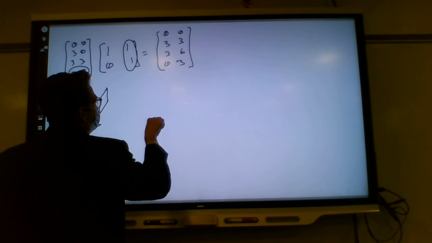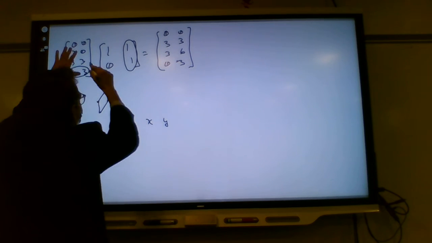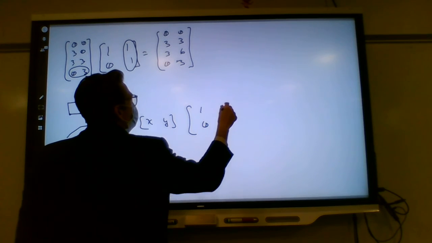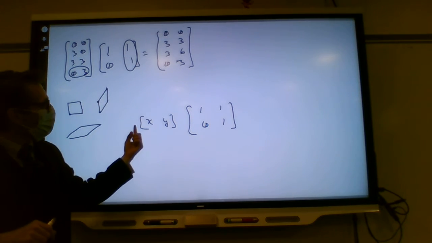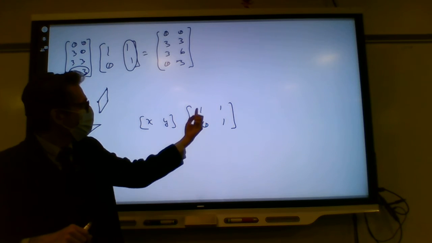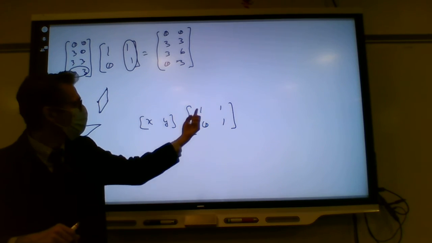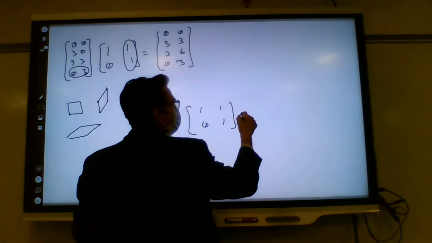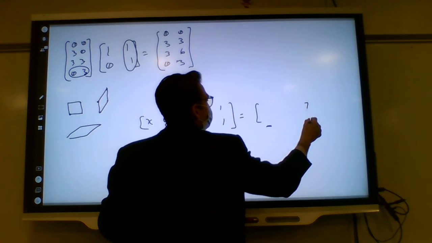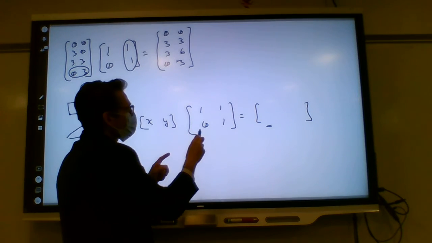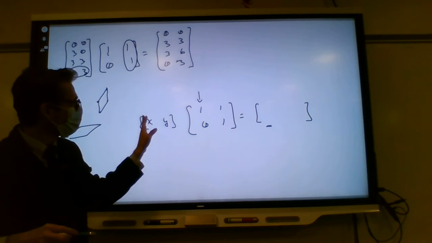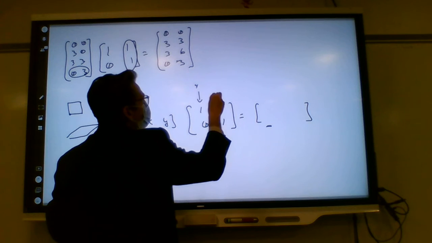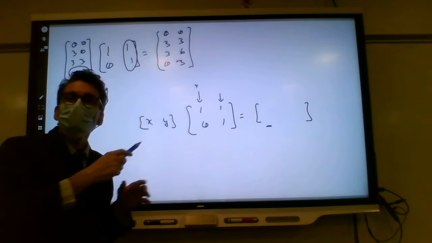All right, so if we look at what's happening here, well, we have an xy, a row out of this matrix, and what happens? This part corresponds to our first position in our answer. So this column tells what happens to the x. And this column tells what happens to the y value.